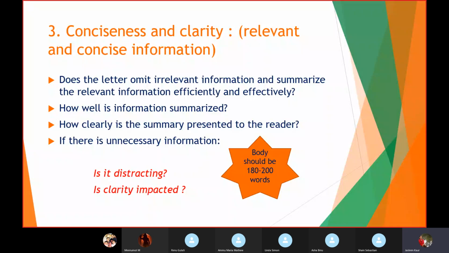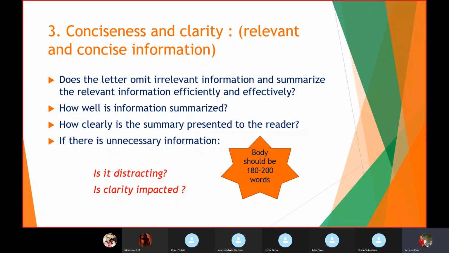Third assessment criteria, again 7 band for this: conciseness and clarity. How relevant and concise information you give. Now, what do you mean by concise? That means the body of your letter should have 180 to 200 words.